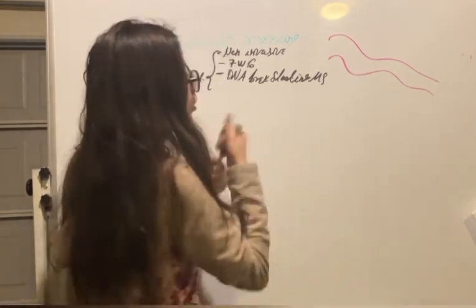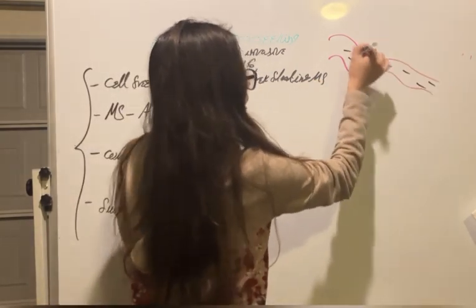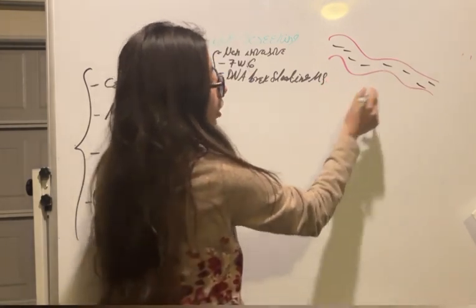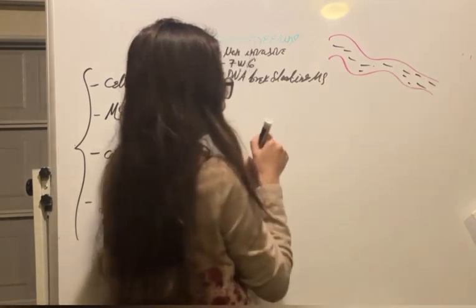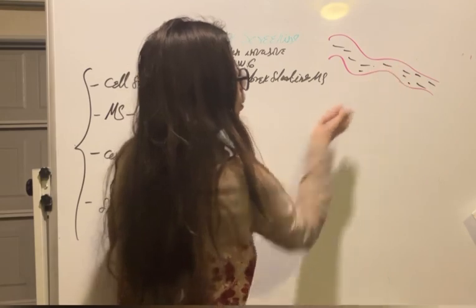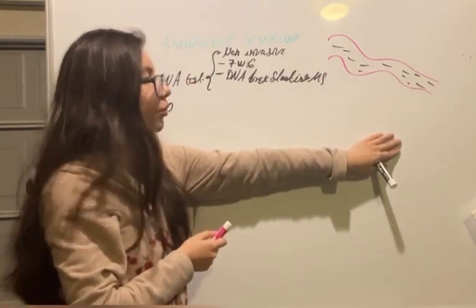So here, let's say we have some fetal cells coming into the bloodstream of the mother. Here is some DNA breaks of fetal cells. So here we are taking a blood test of the mother, not of the fetus.